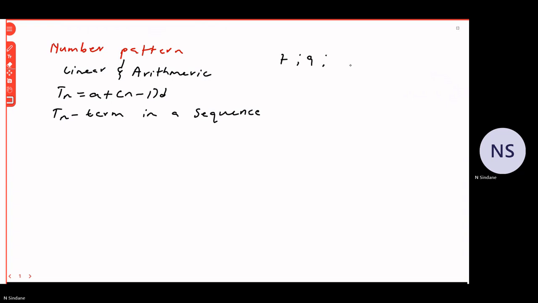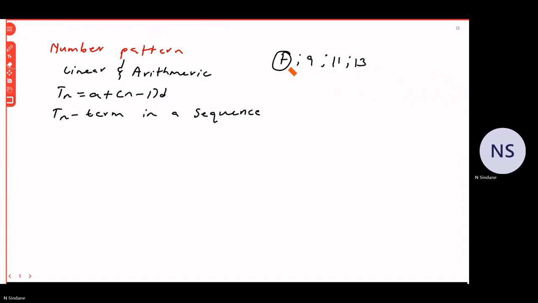This represents a term, which means this is a Tn. This also represents a term, so this is a Tn. All of these are Tn individually. All of them together represent a sequence. That is why we say Tn is a term in a sequence.